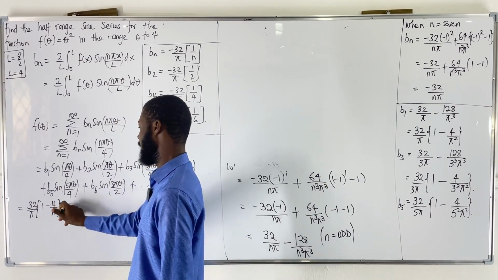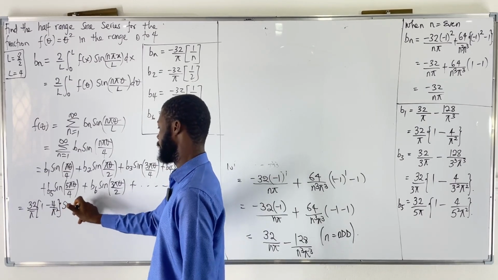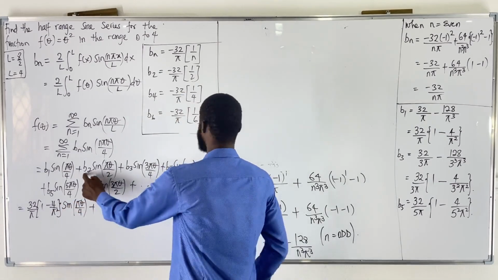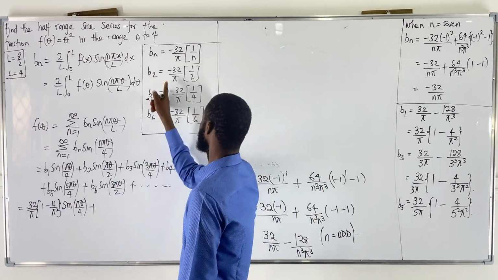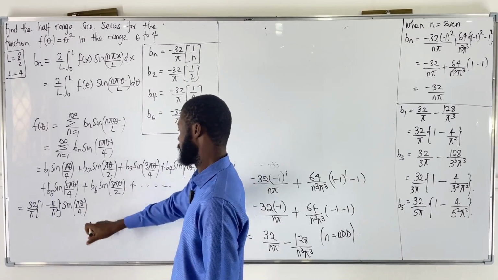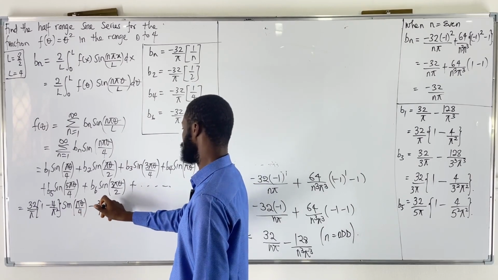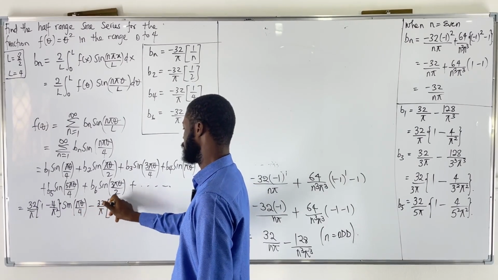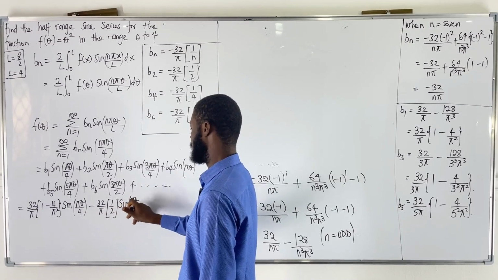Then you say sine pi theta over 4. Then next is b2. So b2 is minus 32 over pi into 1 over 2. Then sine pi theta over 2.